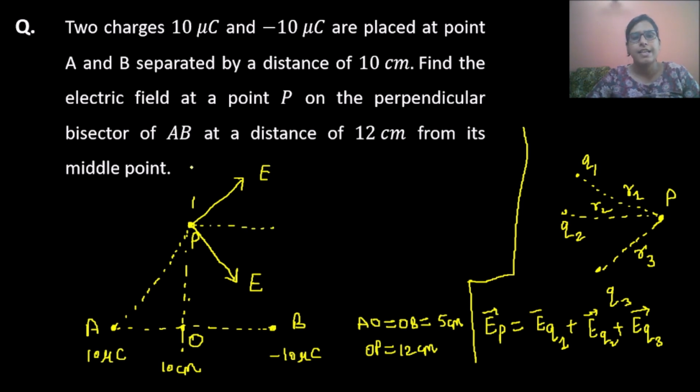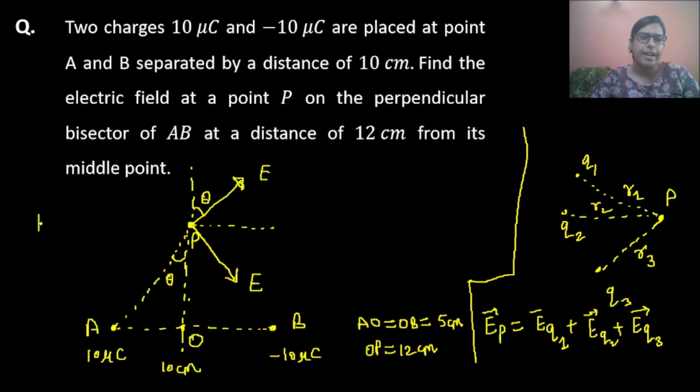Now for the resultant electric field, we have to find this angle, right? Or the second method is we can resolve this electric field in two components. If we know this angle is theta, suppose this angle is theta, then this angle will also be theta, and we can calculate this angle by tan theta.